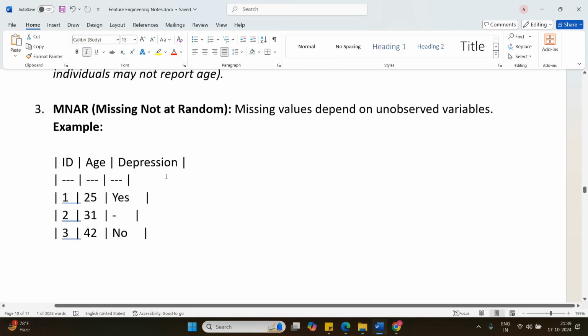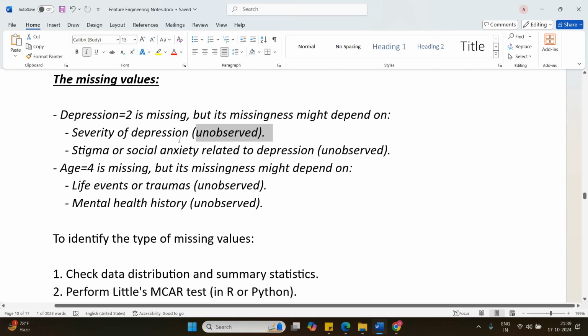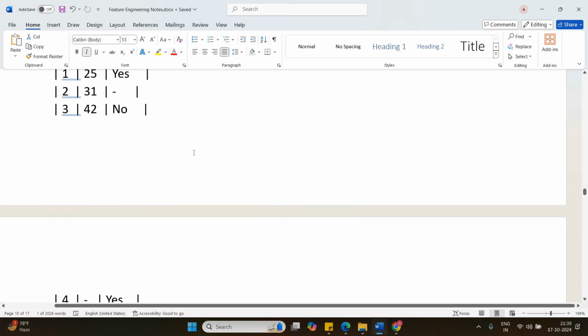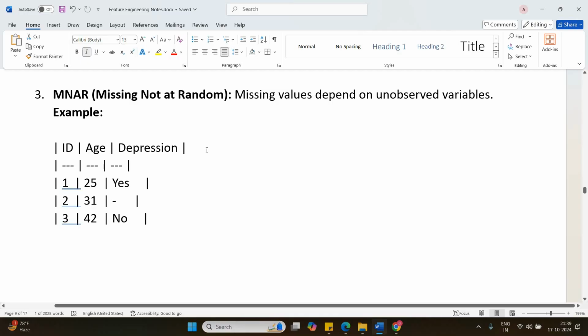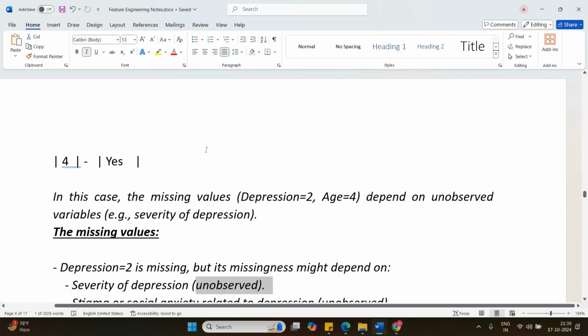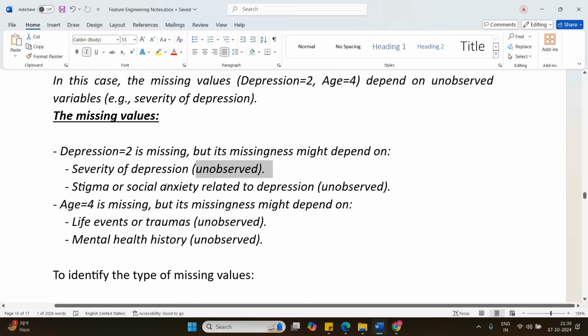We have collected depression, but we have not collected the severity of the depression. Stigma or social anxiety, we have not collected, and maybe the people are not willing to share this information because of the social anxiety or the stigma. They just don't want to reveal it, right?